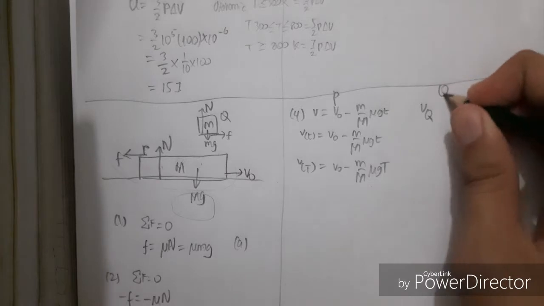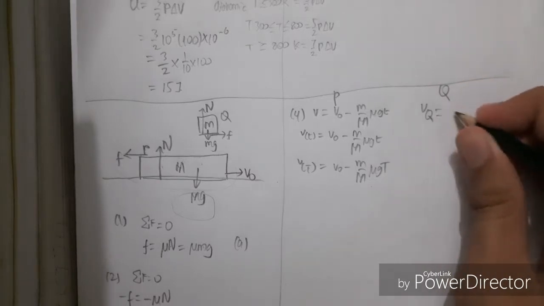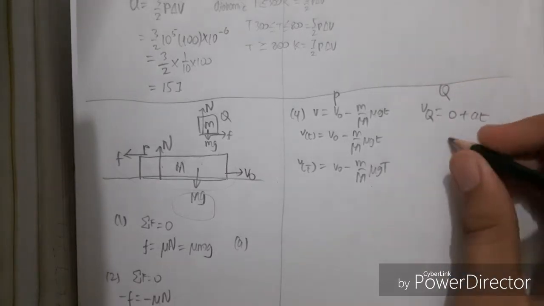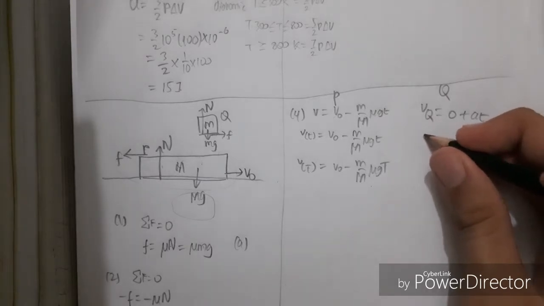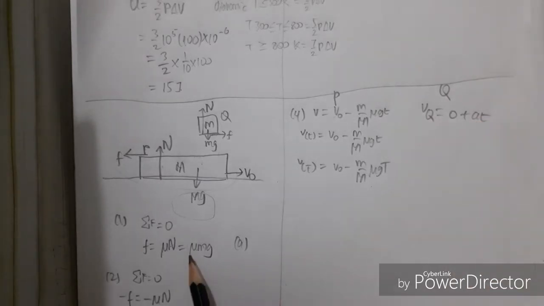Now for block Q, VQ is also 0 plus AT. Now A, we can get by the usual way.